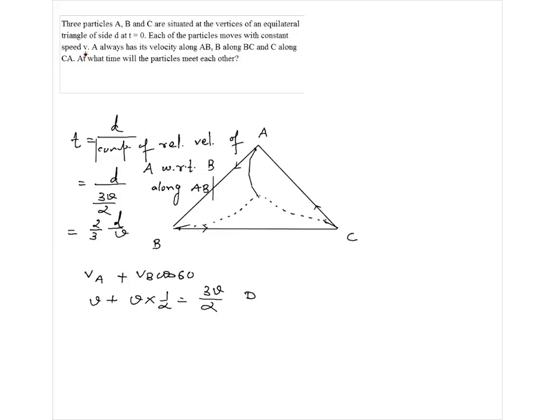Just like here, B was going towards C. There also similar thing is happening, but it is happening with all the 6 particles. So obviously they will meet at the center of the hexagon eventually. The question is, how much time will it take for them to meet? That's your assignment for the regular hexagon. We stop now.